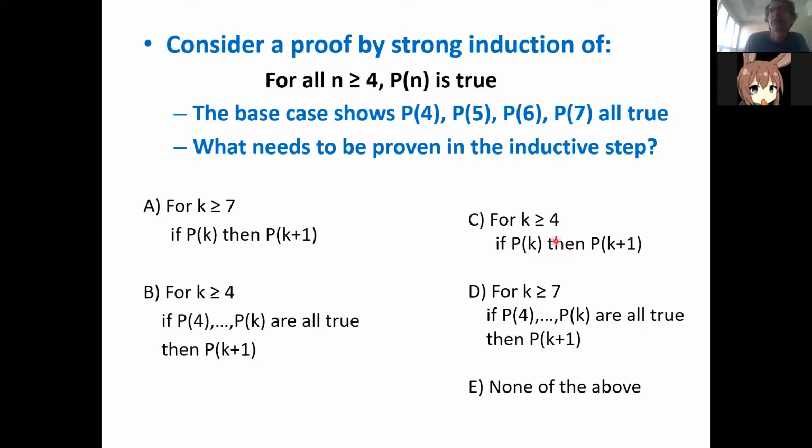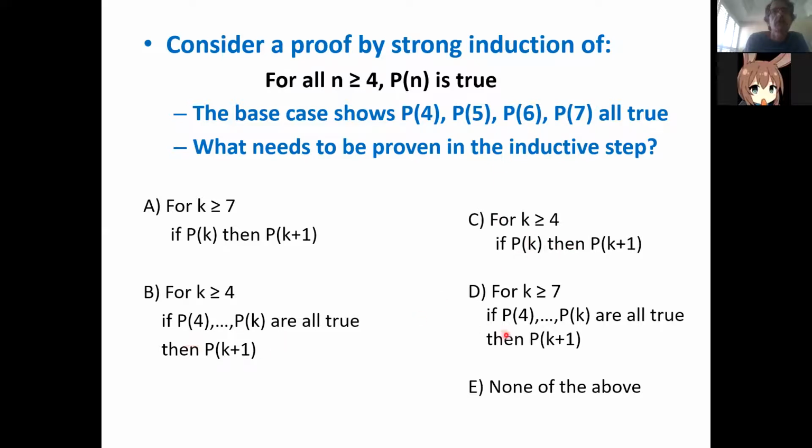This one would also prove it, by the way. If we proved this, the theorem would be true. It turns out that we don't really need these points in the base case. This would suffice because this part together with only this already proves the theorem. But again, it wouldn't use these base cases and it would be a standard induction.